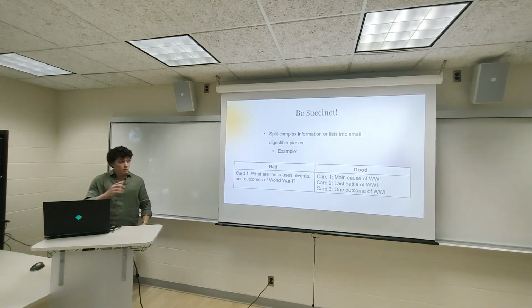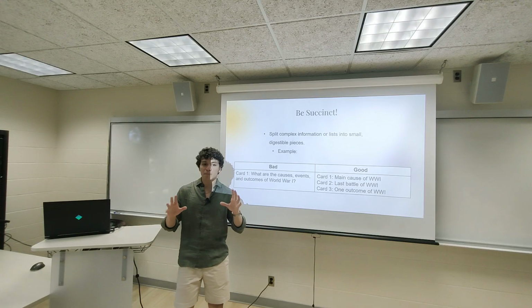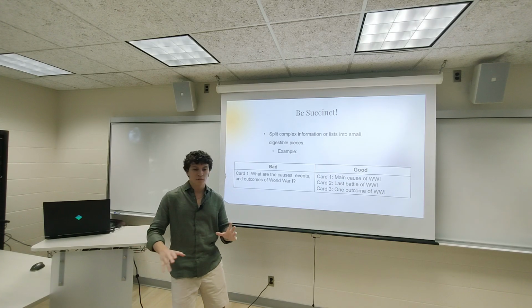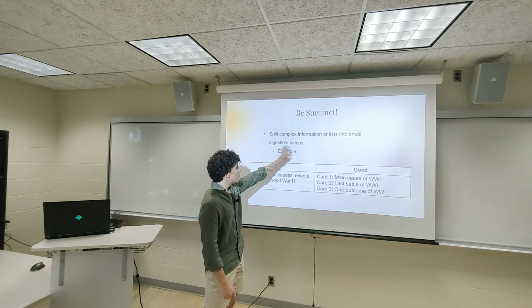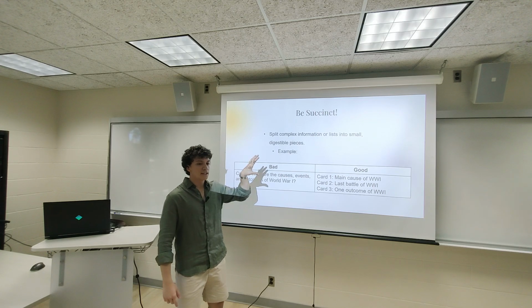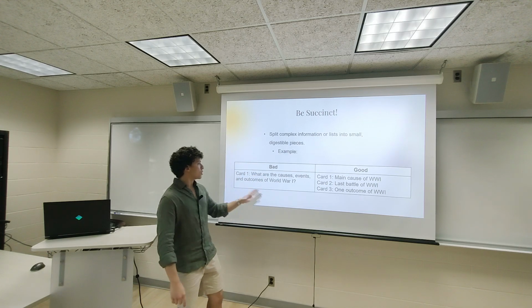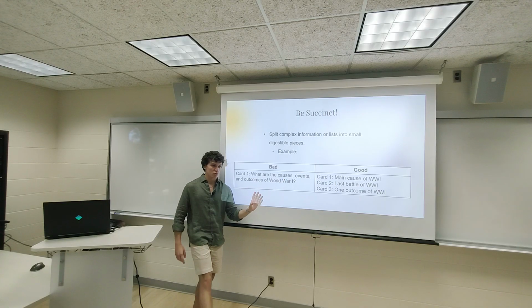One thing I would like to mention, when you create your flashcards, make sure to be succinct. You do not want long flashcards. So for instance, if you have complex information or a list, just turn it into small and digestible pieces. If you have here, what are the causes, events, and outcomes of World War I?